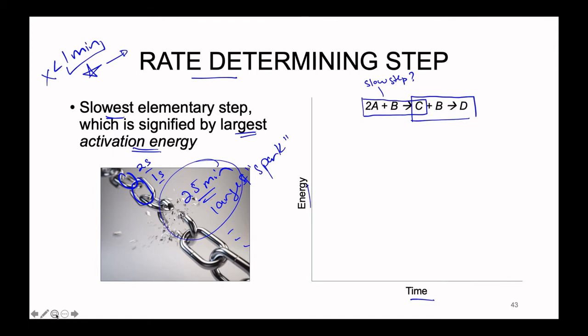So if our first step is the slow step, what this means is that our first step is going to have the largest activation energy, largest EA. And so energetically, wherever our reactants or our products are going to be, let's say reactants are here in terms of energy, so this will be our 2A plus B, and our products, let's say D, are going to be down here somewhere.